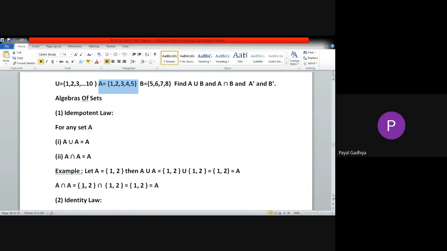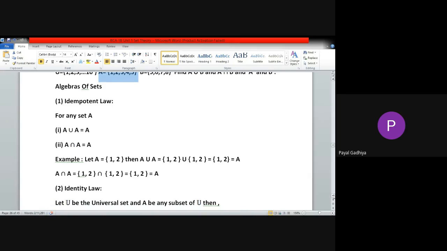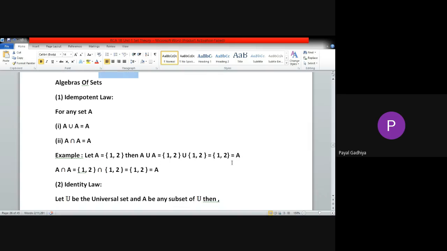Okay, now the next is identity law. So identity law means what identity will do with the set. Now see, we have universal set U and we have set A. Let U be the universal set and A be any subset of universal set.